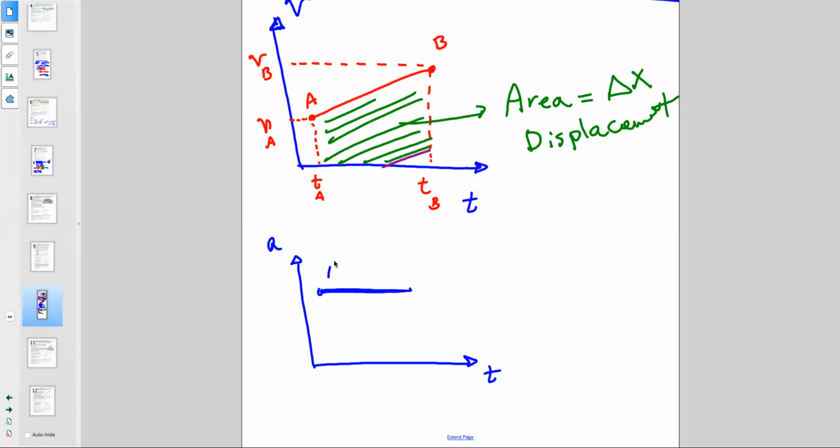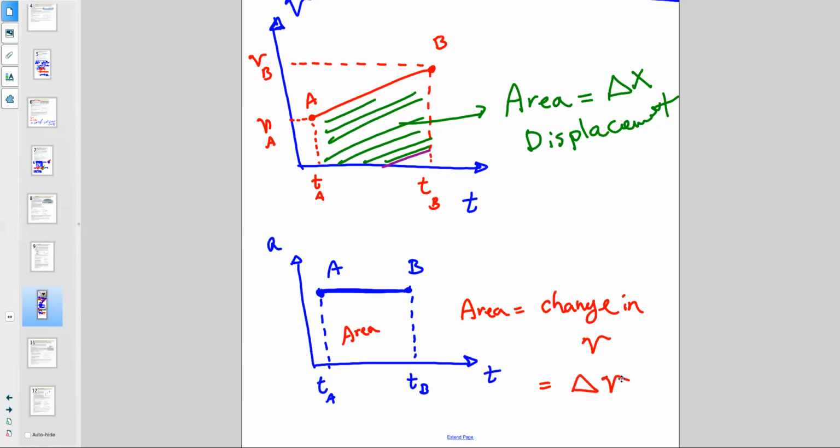Okay, from point A to point B. tA, tB, and acceleration, kind of like that. If you find the area underneath, this area will be the change in v, or delta v.